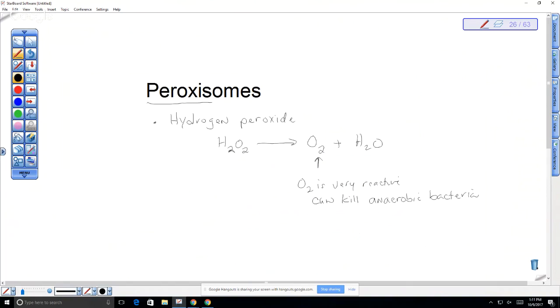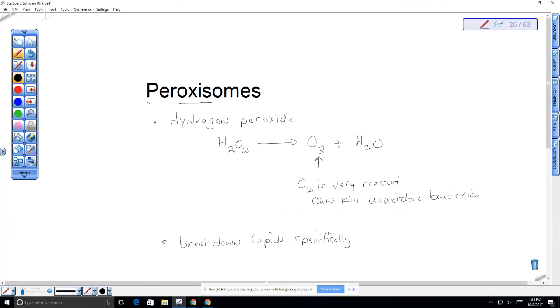And one of the ways that they also function is that they break down lipids, specifically fats. That occurs in the peroxisomes rather than in the lysosomes.